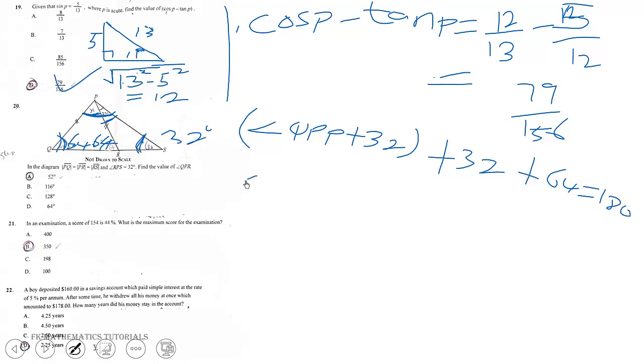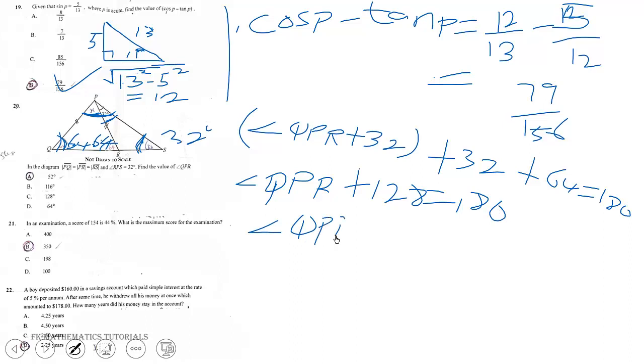So angle QPR plus 64 plus 64, that will be plus 128, equal 180 degrees. So angle QPR will be equal to 180 minus 128, and that will be equal to 52 degrees.